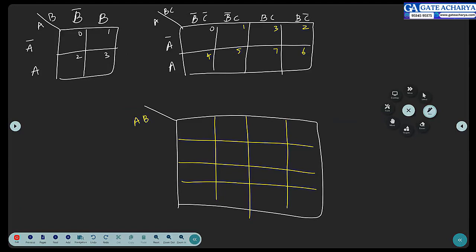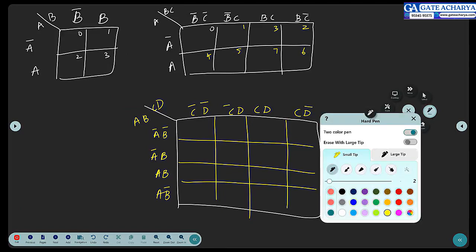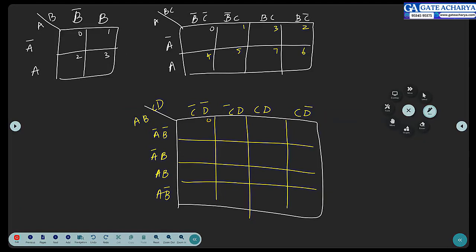A, B, C, D. Well, how do you say this? A bar, here A bar B, A B, and how do you number them? 0, 1, 2, 3, 5, 7, 8.